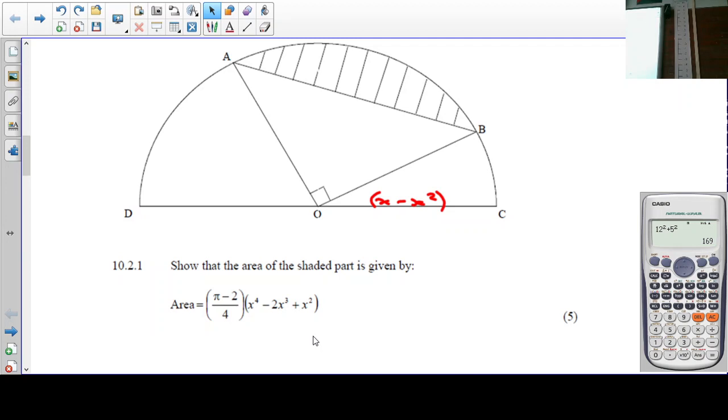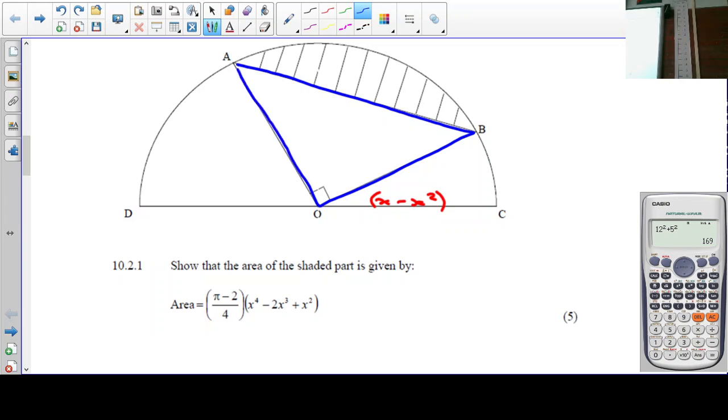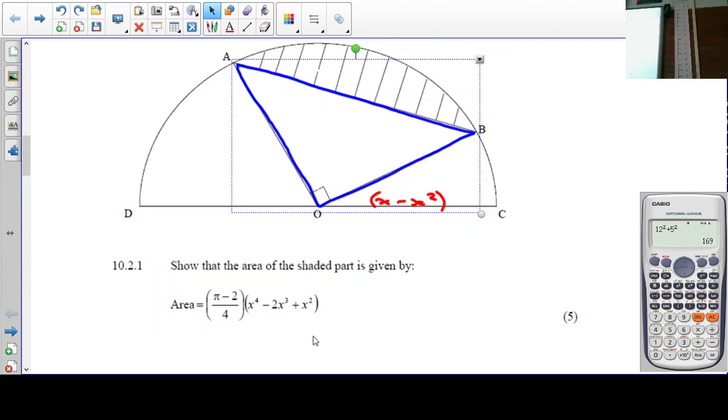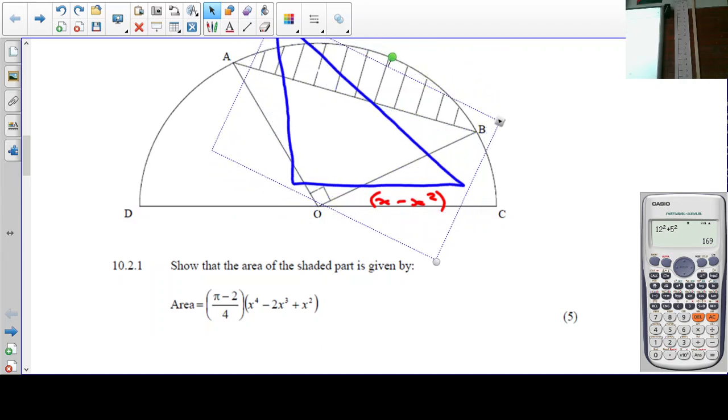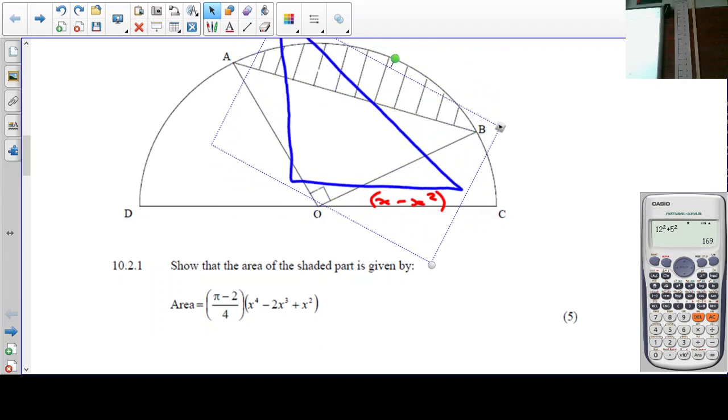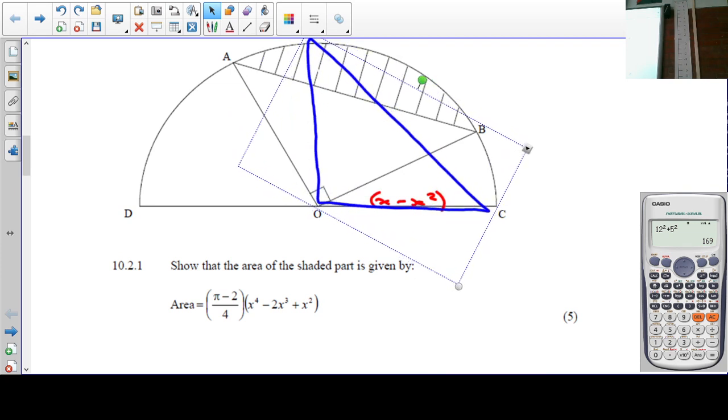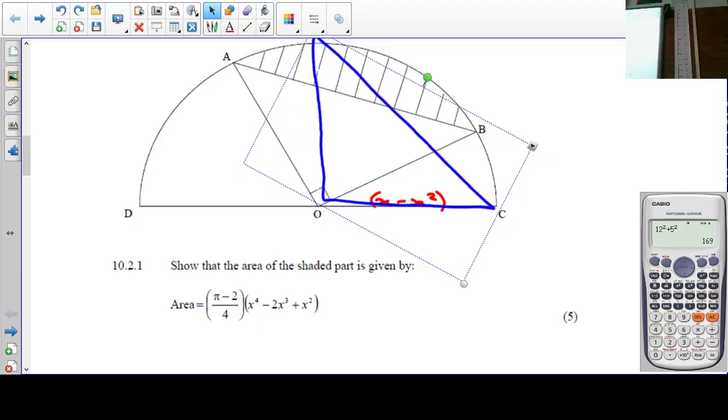Okay, I'll tell you. Let's look at it this way. If you look at this triangle here, right? And I take this triangle and I rotate it. What do you notice? Okay, that will not fall exactly onto this now.